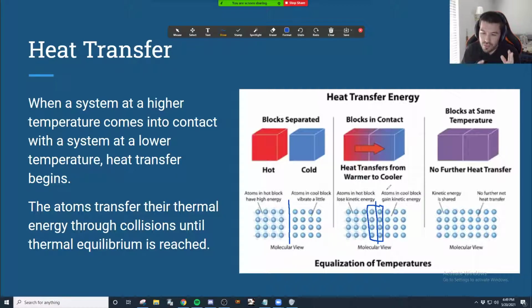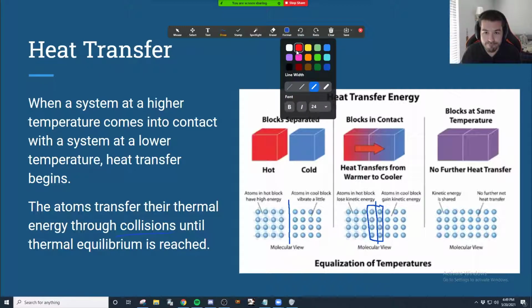The "hot," put that in quotations, the fast-moving atoms from the hot block, as they vibrate, are literally going to transfer some of their energy to the cold ones through collisions.